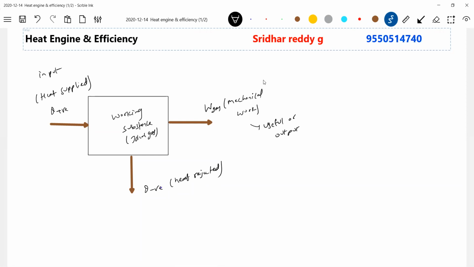So how do we define efficiency? Output by input energy. The basic definition for efficiency is equal to mechanical output by heat input. So what is mechanical output? Work done by the gas. Heat input is Q positive.